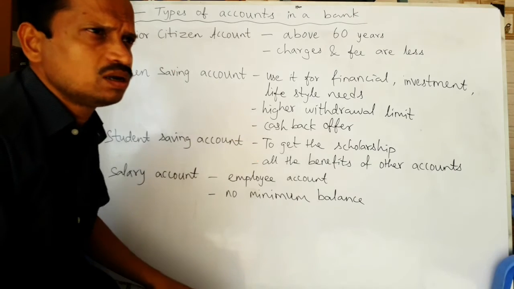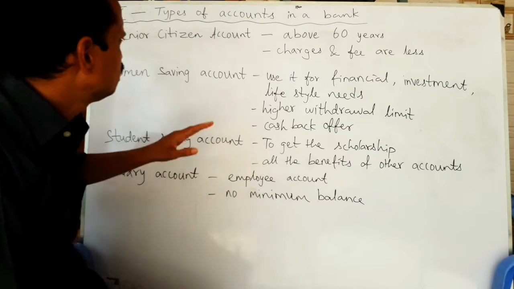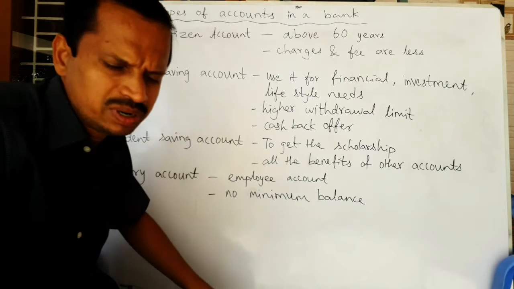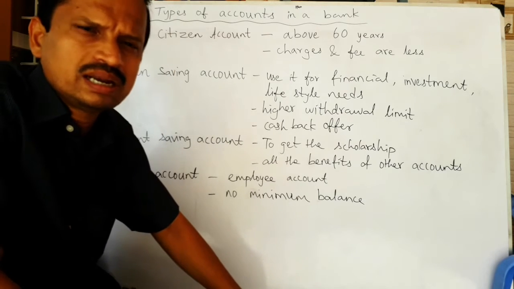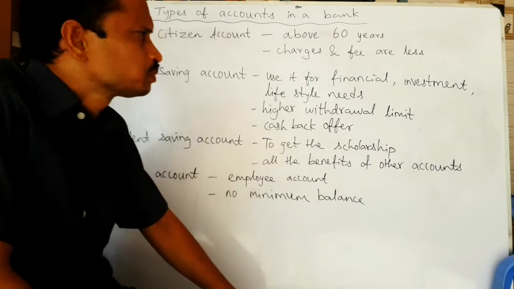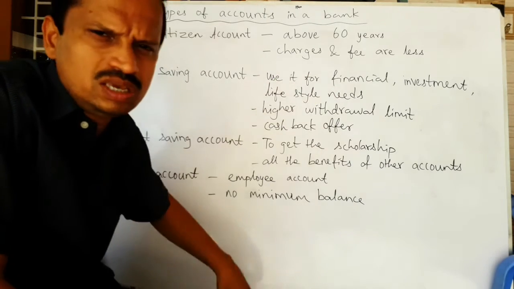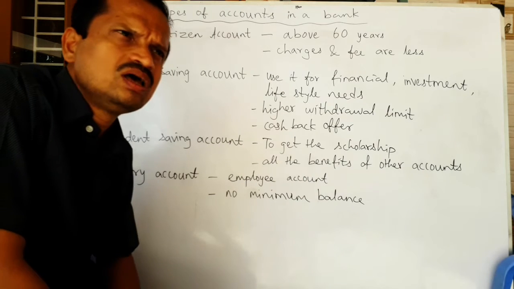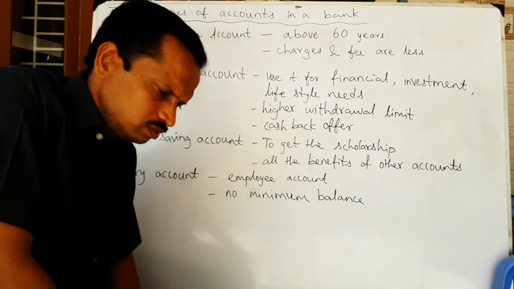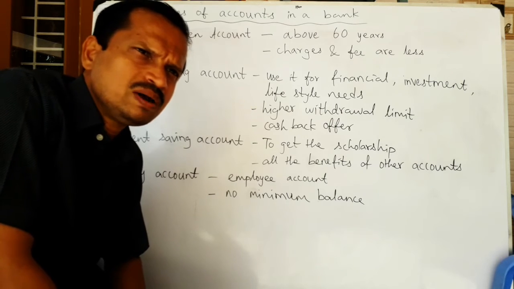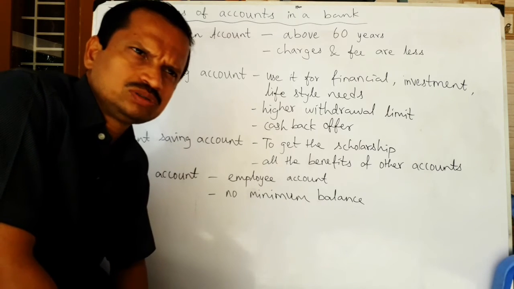You know why the government, the bank, is providing this? There are benefits. They can enjoy the benefits. That means the charges and fees are less for any transaction or any deposit, and they will give more interest compared to other deposits.